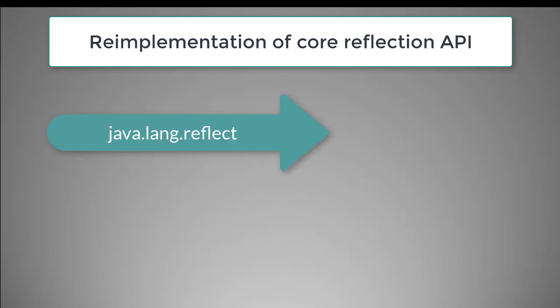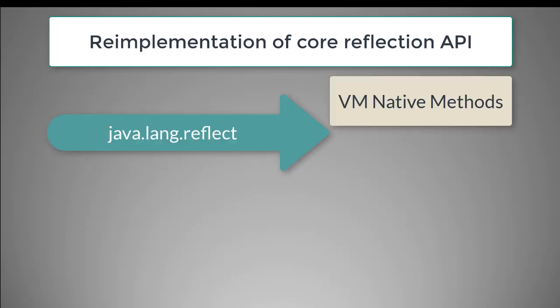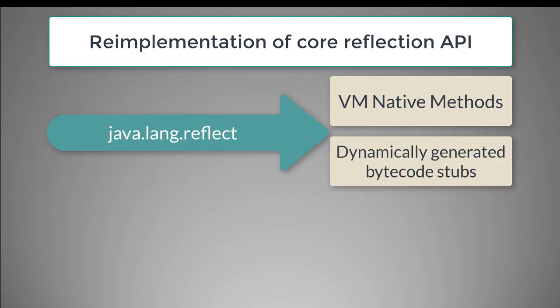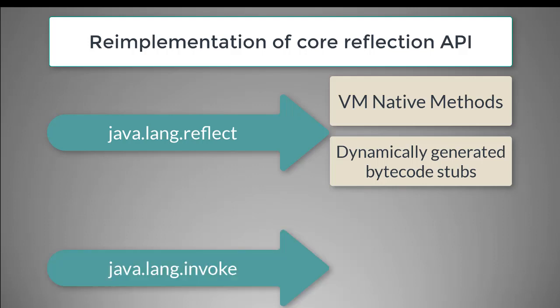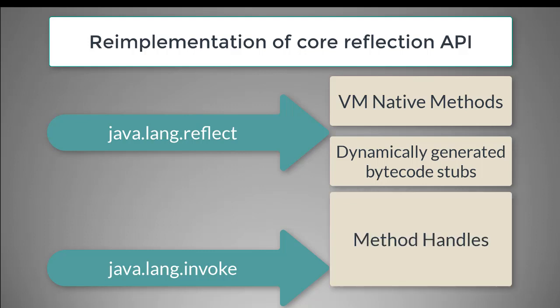You see, java.lang.reflect uses VM native methods and dynamically generated bytecode stubs as its mechanism for reflective operations. Similarly, java.lang.invoke, which was introduced in Java 7, uses method handles. So in total, there are 3 different paths for reflective operations.